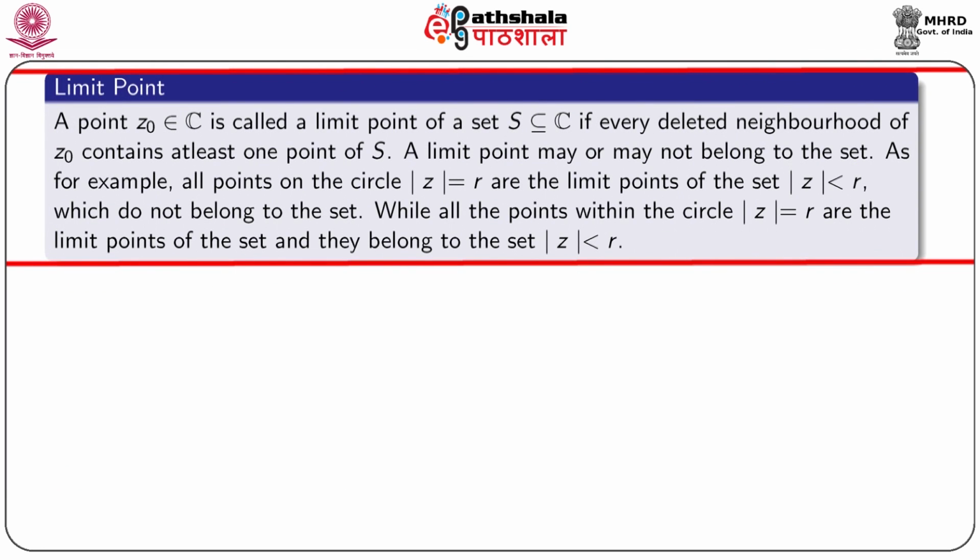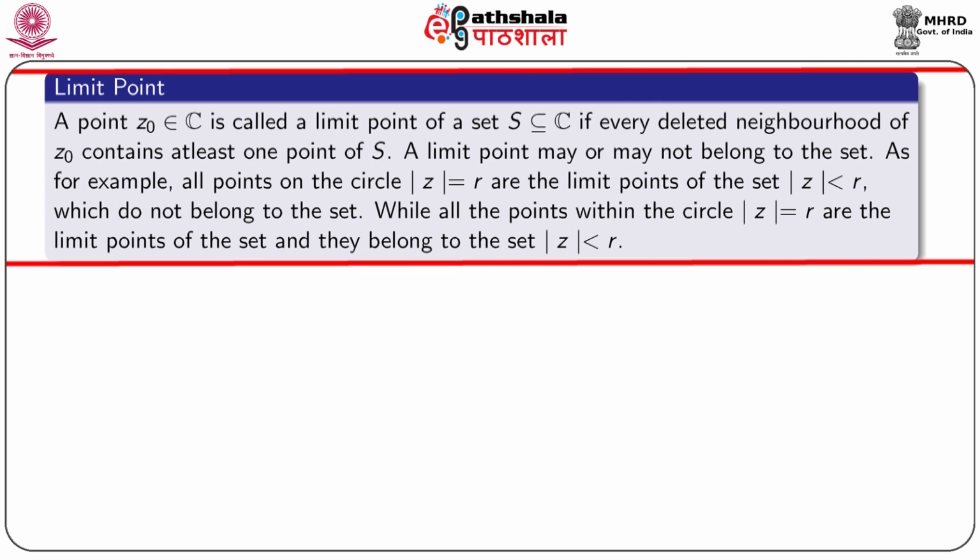Now, limit point. A point Z0 in C is called a limit point of a set S, which is a subset of C, if every deleted neighborhood of Z0 contains at least one point of S. A limit point may or may not belong to the set.